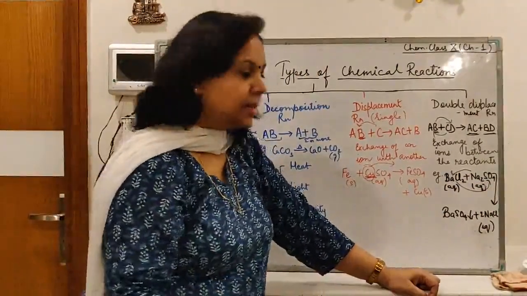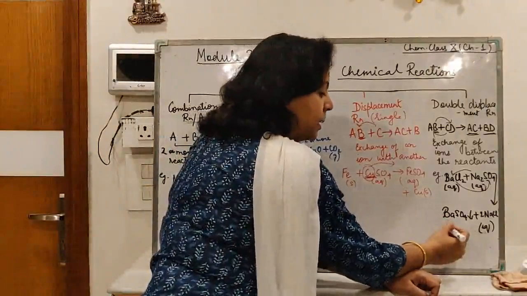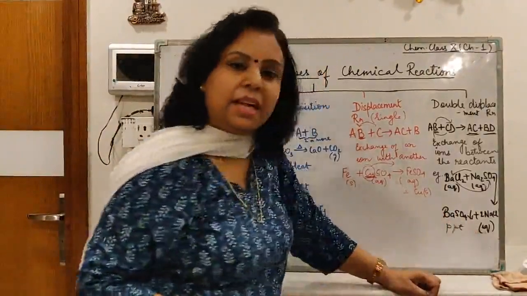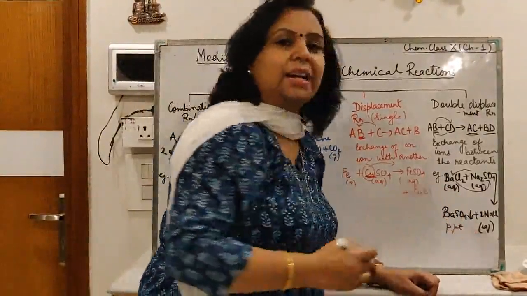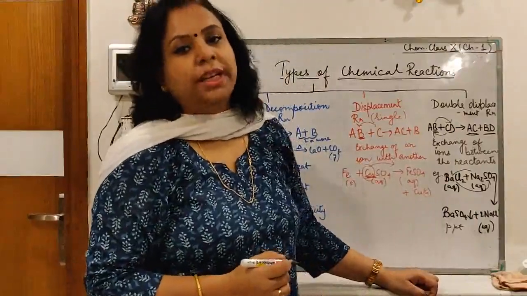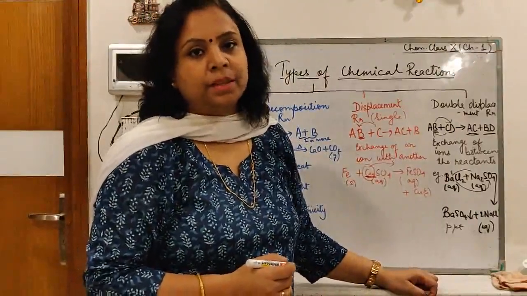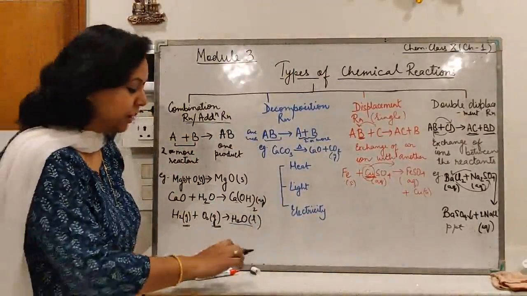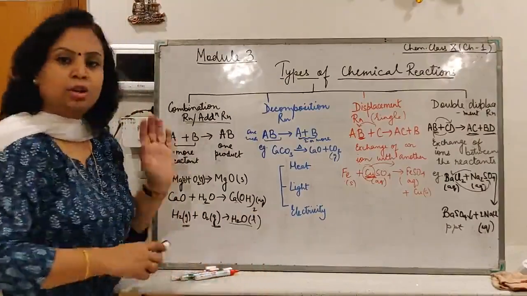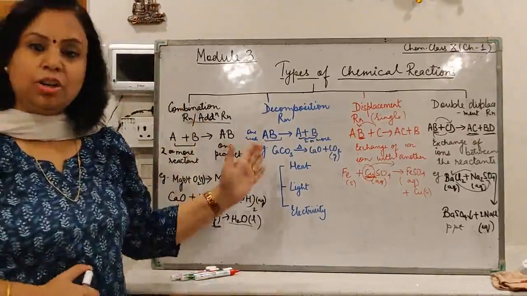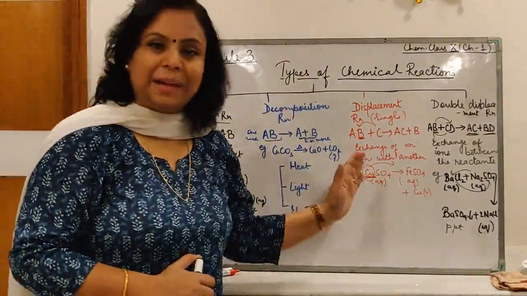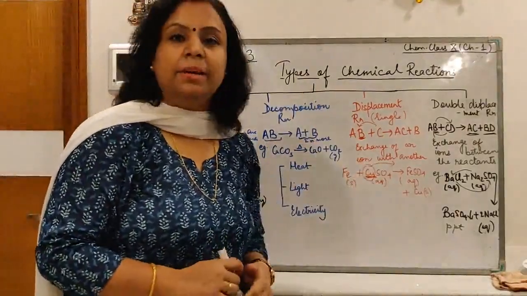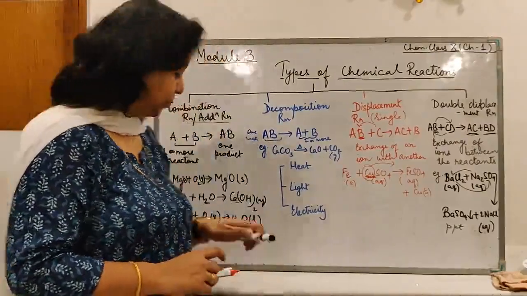So the products are a white precipitate of barium sulfate and the aqueous solution of sodium chloride. So to recap, there are four types of chemical reactions: combination reaction, decomposition reaction, displacement reaction, and double displacement reaction.